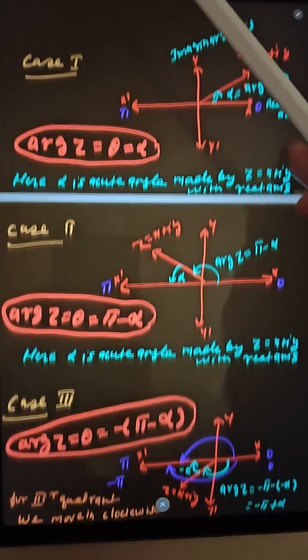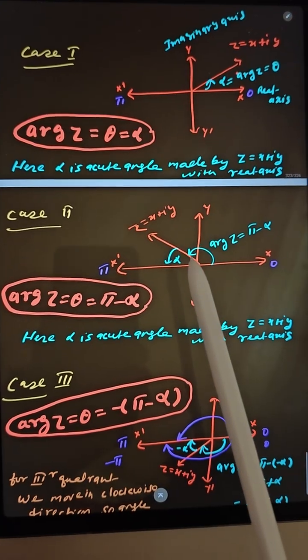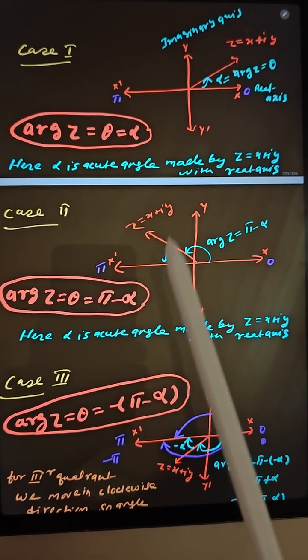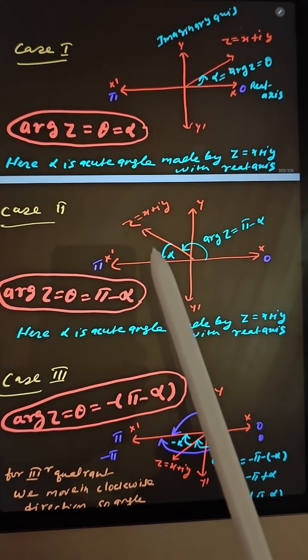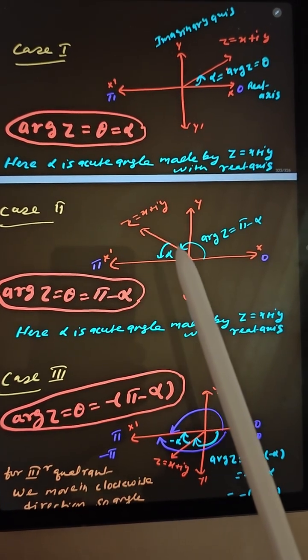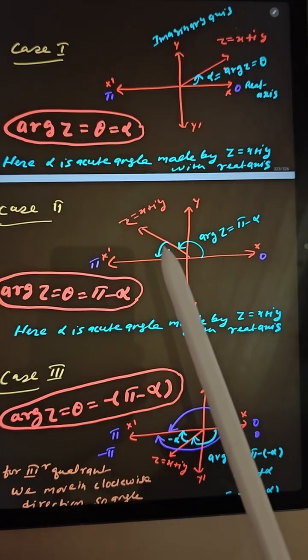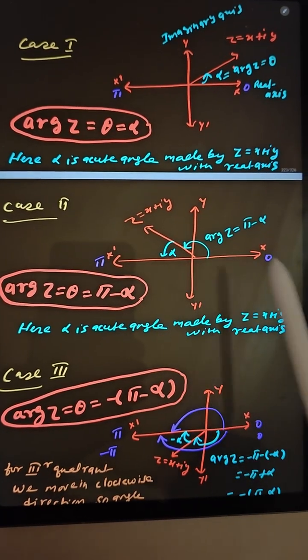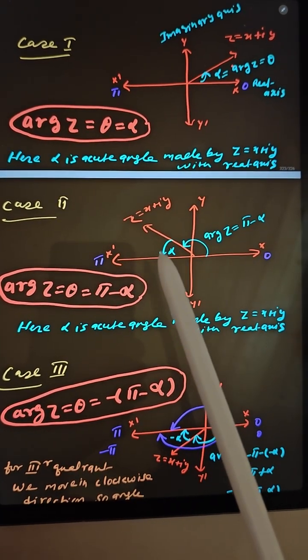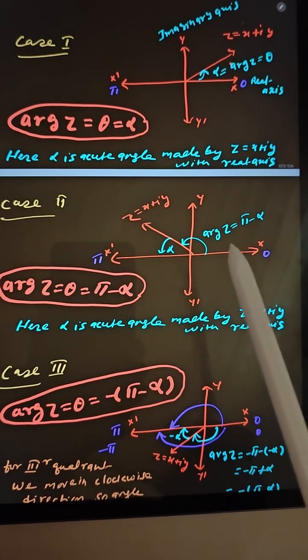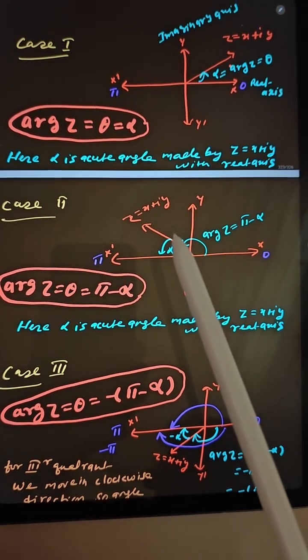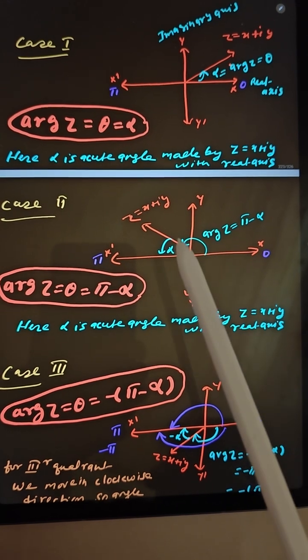Now come to the second case, when it is in the second quadrant. I said for the first and second quadrant the angle will be measured in anticlockwise direction. So this is your z position. Its acute angle with the x-axis is alpha. But the argument is measured from the positive real axis to the complex number, so this is your argument of z.